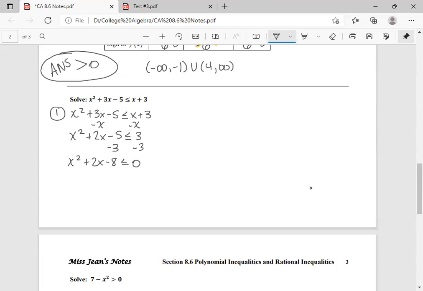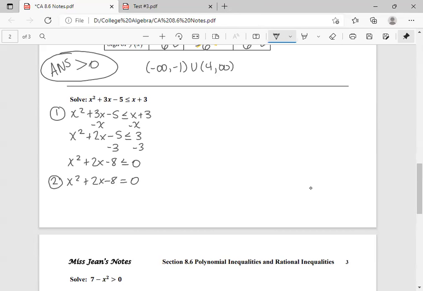After you get your inequality with one side equal to 0, you can move to the second step, which is find the zeros of x squared plus 2x minus 8 is equal to 0. And right now, we really have 2 ways to do that. We can use our calculator, which we talked about using the quad program and plugging in our A, B, and C that way.